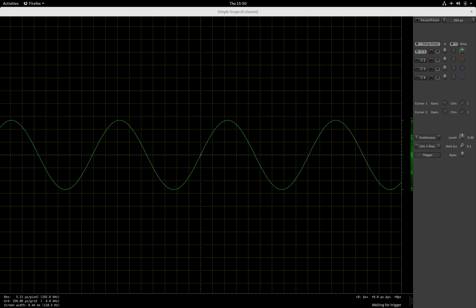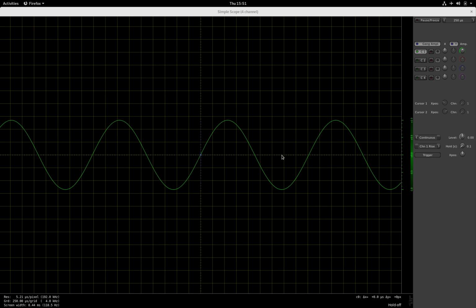And in order to demonstrate what each of the effects does, I now have a signal generator running here, which creates a sine wave with a frequency of 440 hertz, and this sine wave is currently displayed on a software scope.